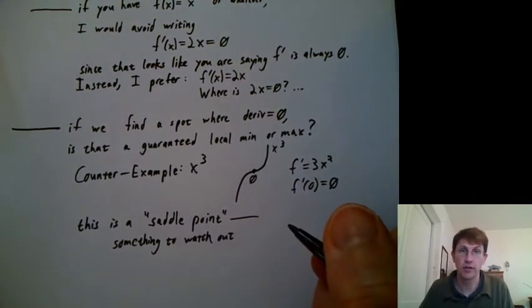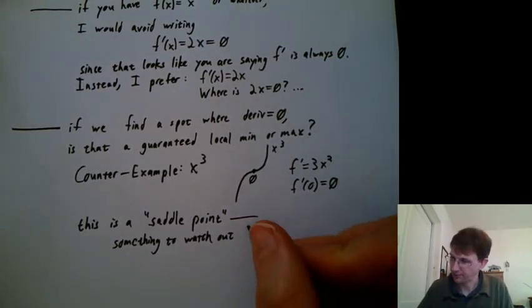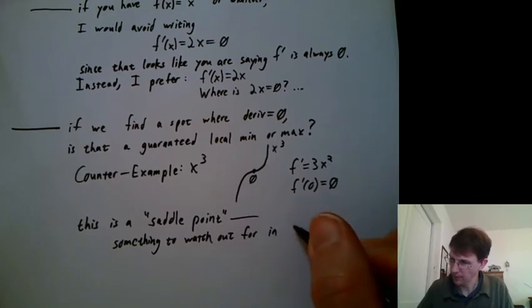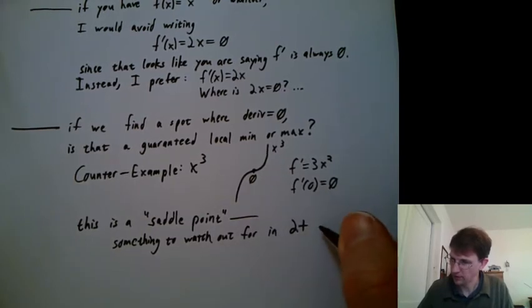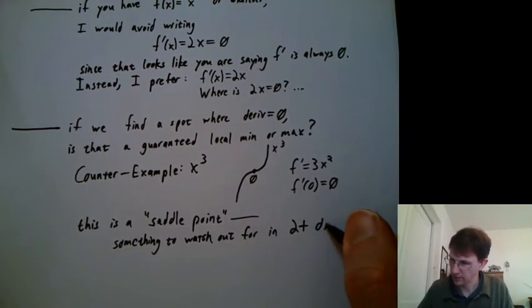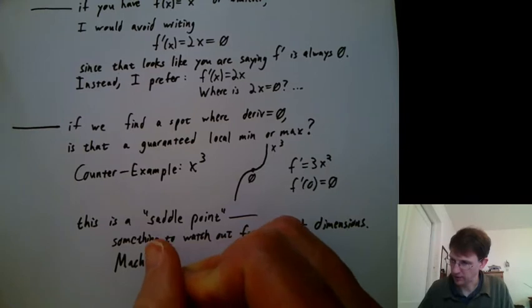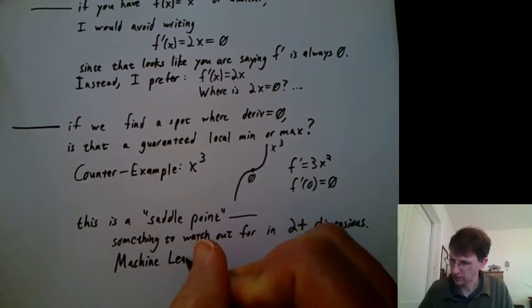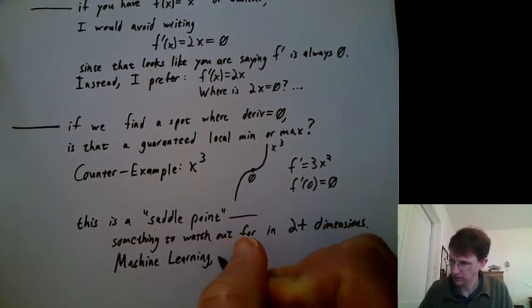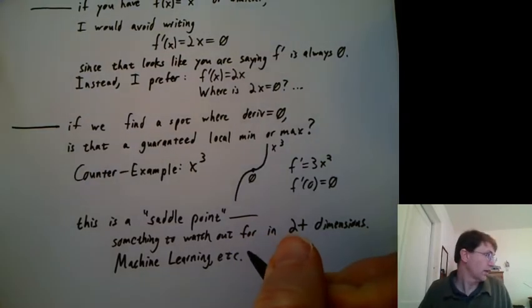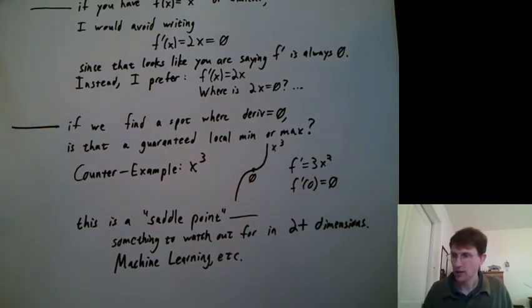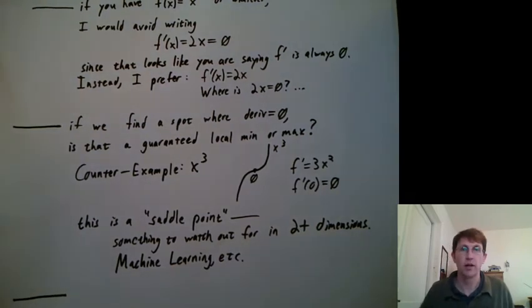Except it's hard to watch out for it in 2 or more dimensions. And it happens in machine learning, etc. Computer optimization.